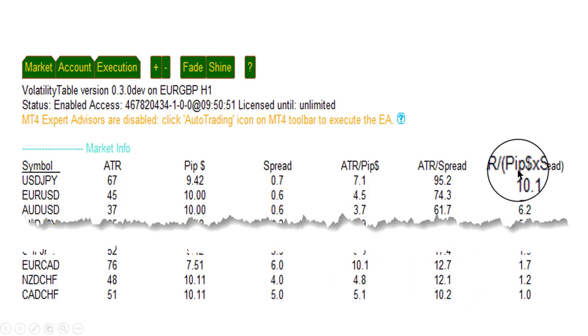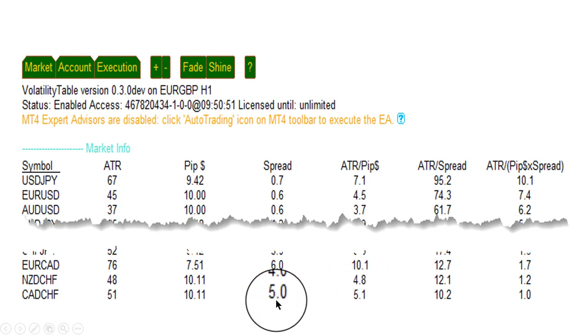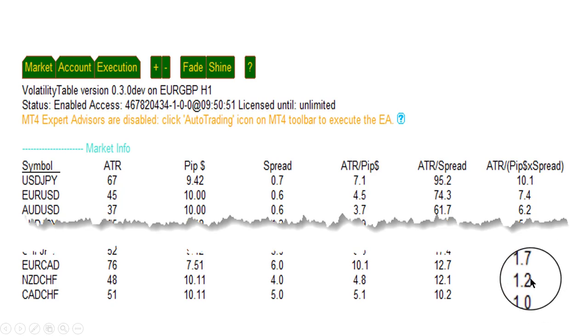So if you multiply the spread in pips times the value, that's $50, and you are getting only 50 pips of volatility a day. You are getting only one bit of volatility for every dollar that you're spending. Total waste of time trading those kind of currencies. You can make a fortune with this kind of information.